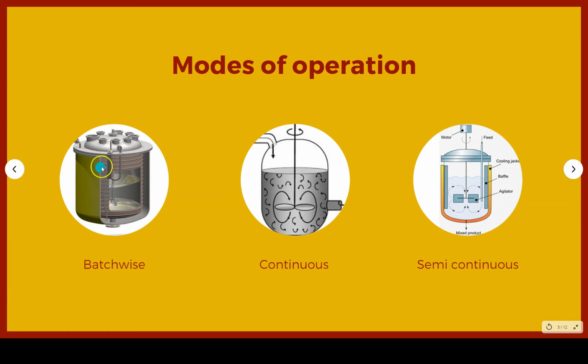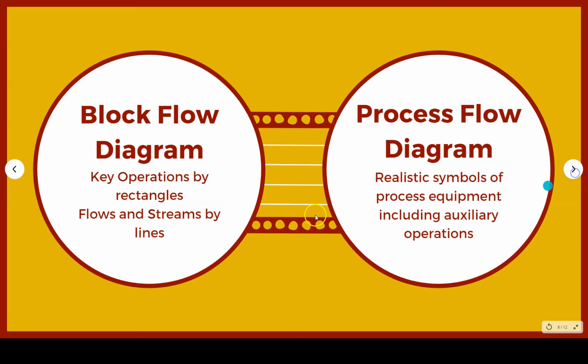So, besides the modes of operation, you also need the fundamentals of understanding in block flow diagram and also process flow diagram. Alright, do you still remember your block flow diagram and also process flow diagram? Usually we call block flow diagram a block diagram and process flow diagram a PFD.